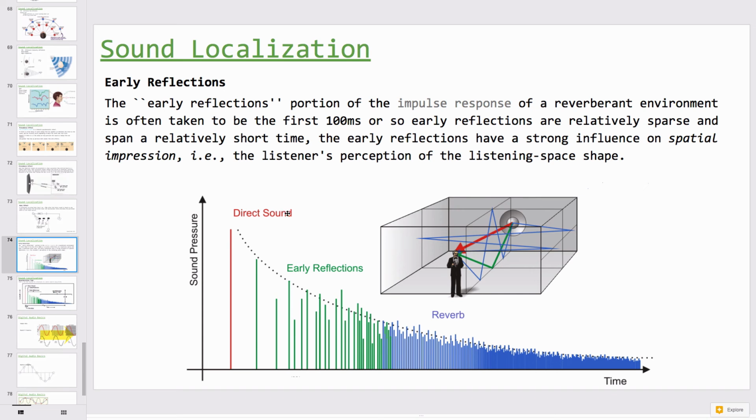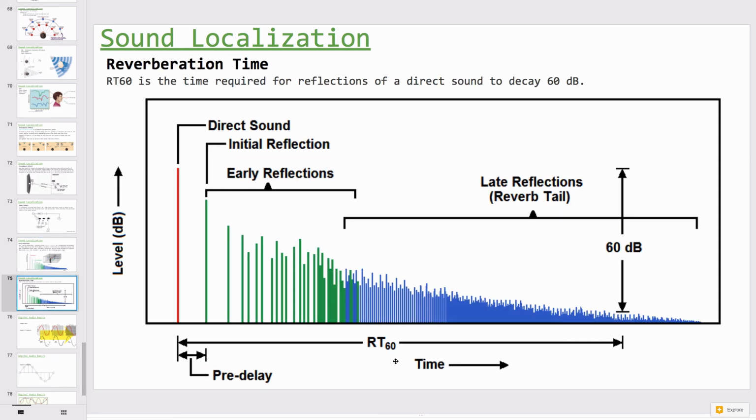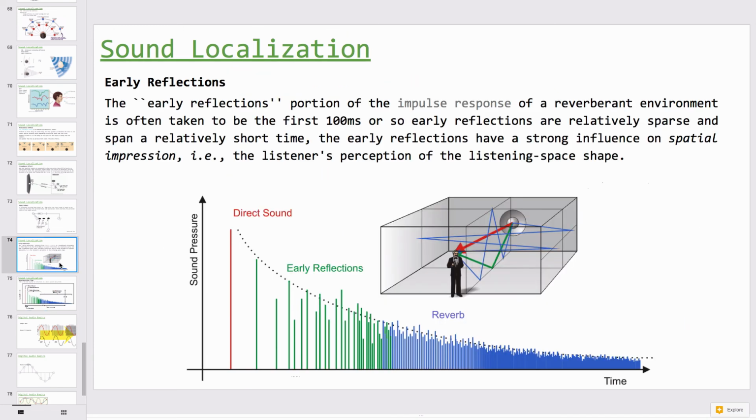Now, the ones after 100 milliseconds are the reverb. So let's talk about the reverb. Reverberation time, sometimes called RT60, is the amount of time required for all the reflections to decay by 60 dB. So basically, it's a level issue. Things are bouncing off the walls, and they come back to our ear at a certain level, and then they just keep bouncing.